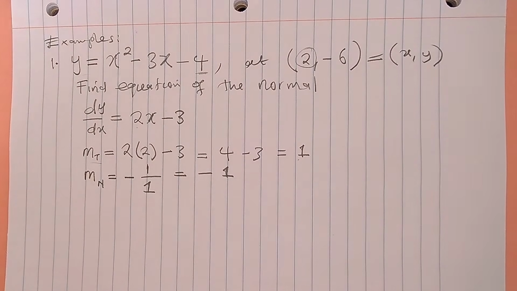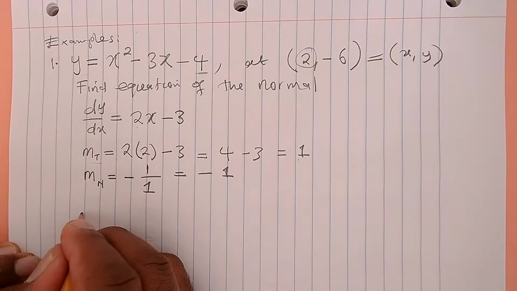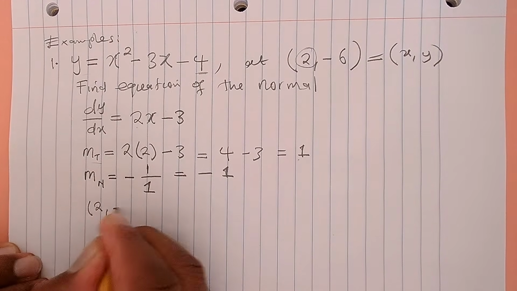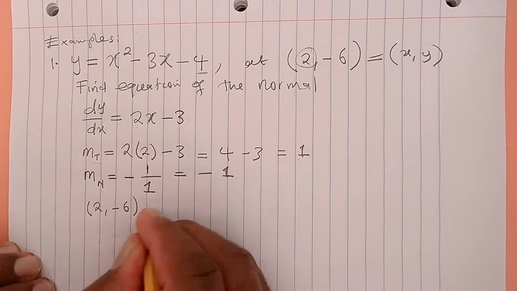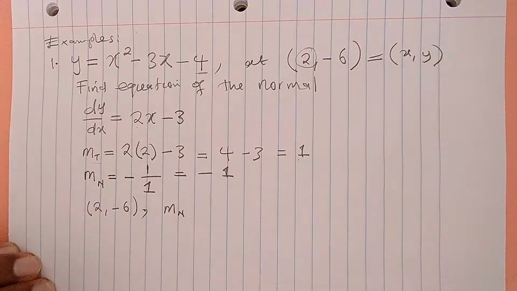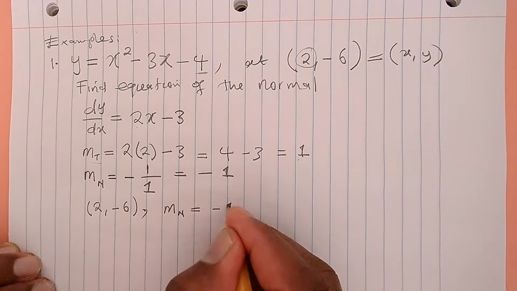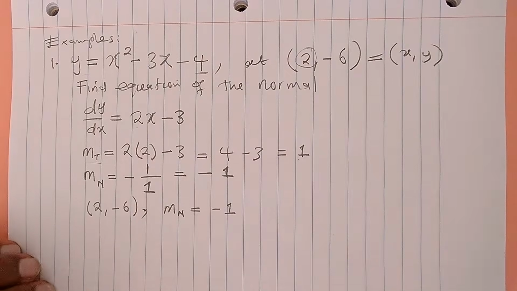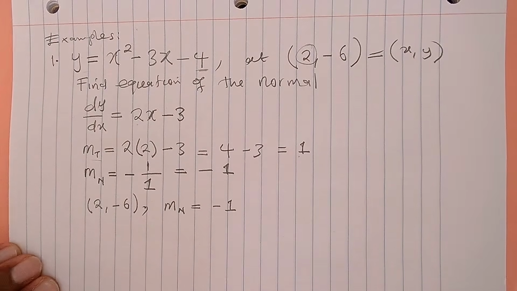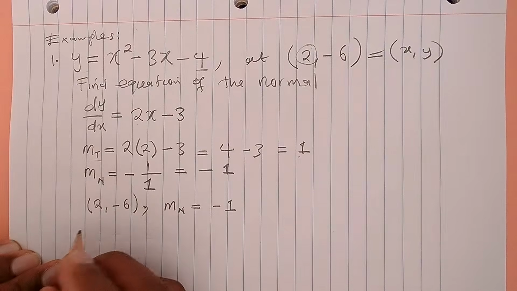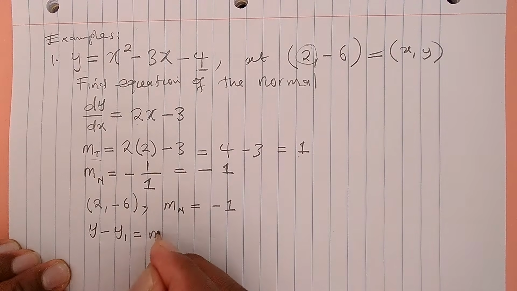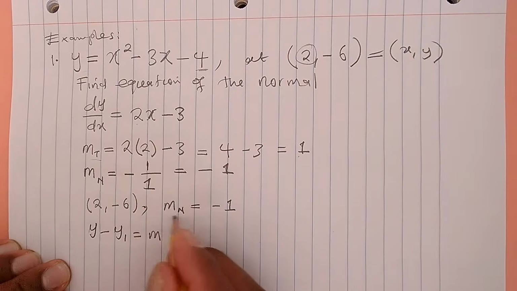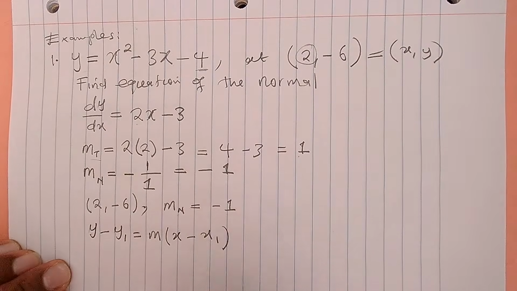Okay guys, so we are almost done. Remember, we are dealing with the point (2, -6), and we have the slope m of the normal, which is -1. So what would be the equation? Let me rewrite the formula here: y minus y1 is equal to m_n times x minus x1.